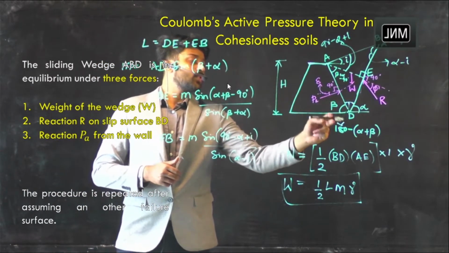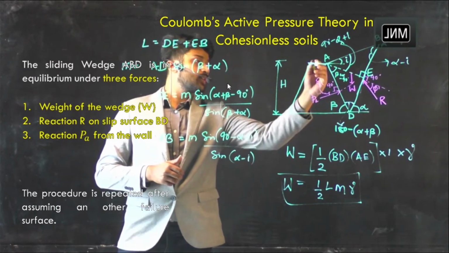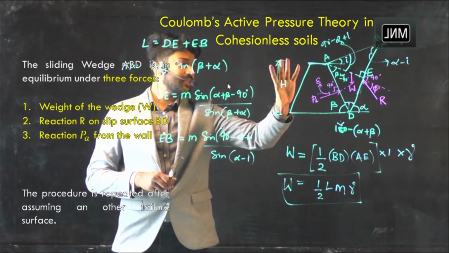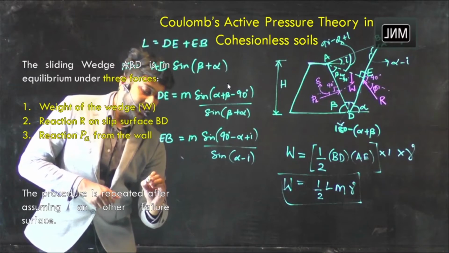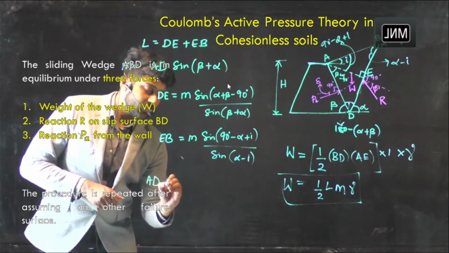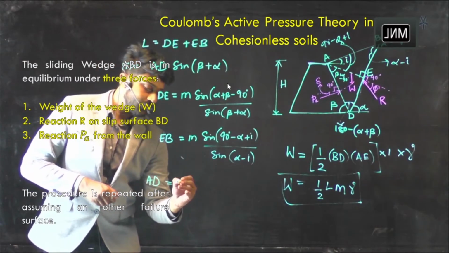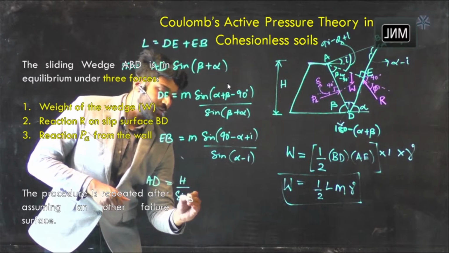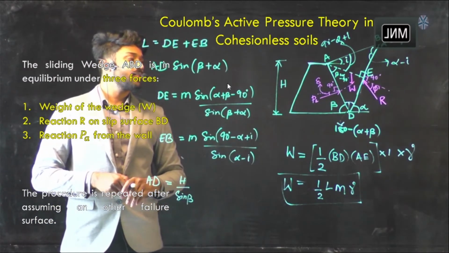So we need to find out the length of this line AD. If you consider this particular triangle here, we know the height as H and this angle is beta, so obviously AD is the sloping surface, so simply AD will be H by sine beta.